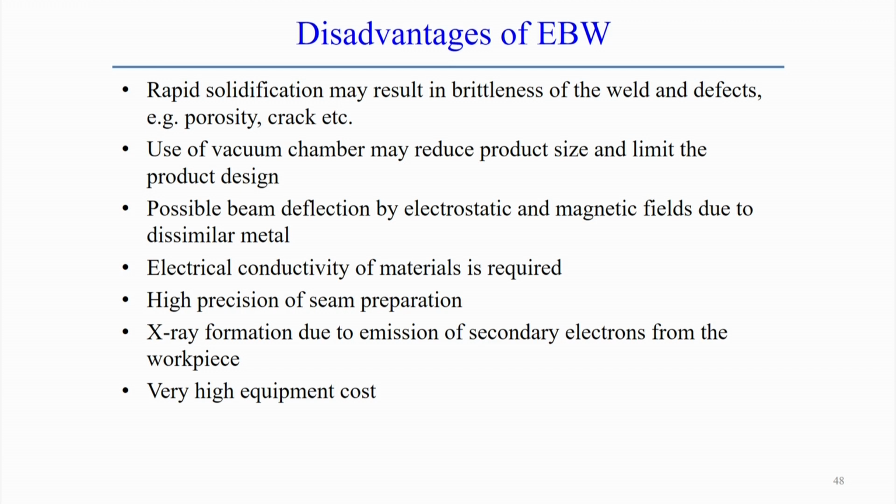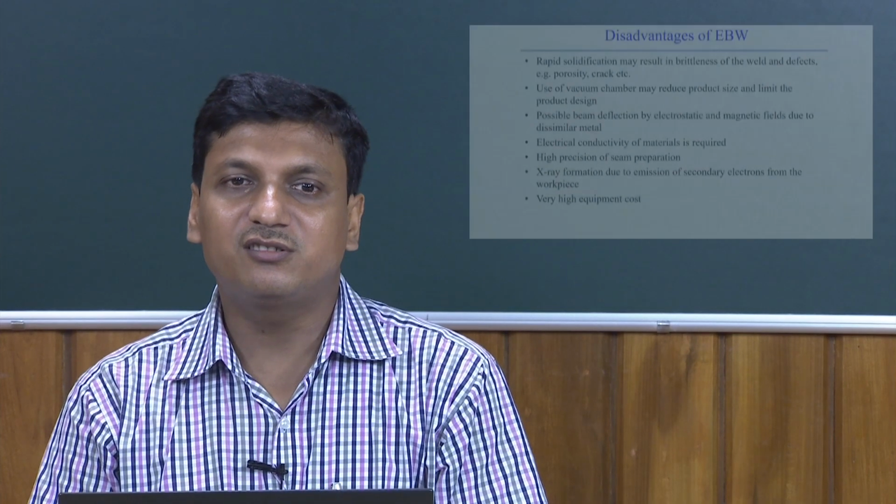So, if a material does not have any electrical conductivity, we cannot apply electron beam welding to it. High precision of the seam preparation is also needed: when you try to join the materials, a high precision fitting of the material is required to produce a successful weld joint using electron beam welding.